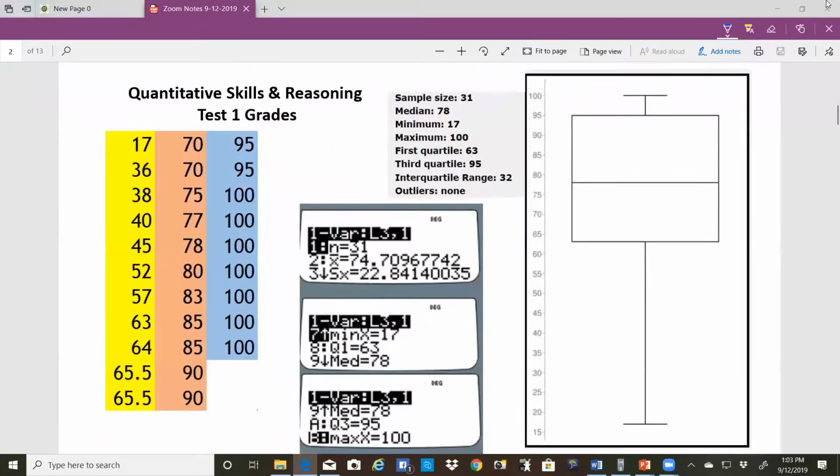This is data on the test. The average grade was about 75, which is generally considered pretty good. And as you can see, we had more A's and B's than any other particular grade.